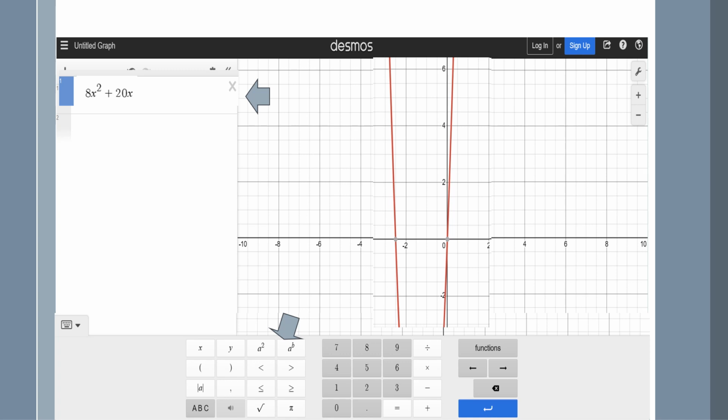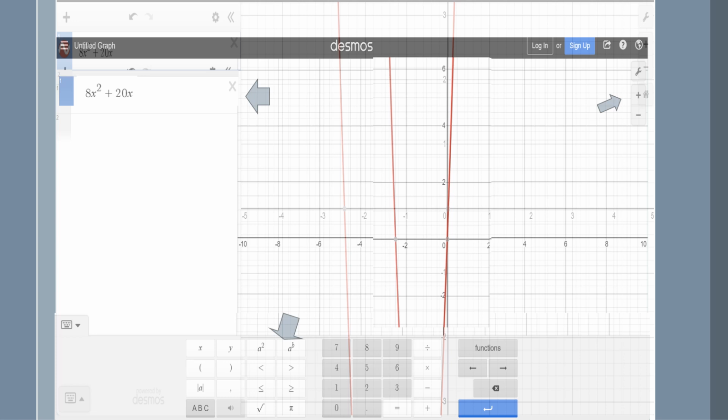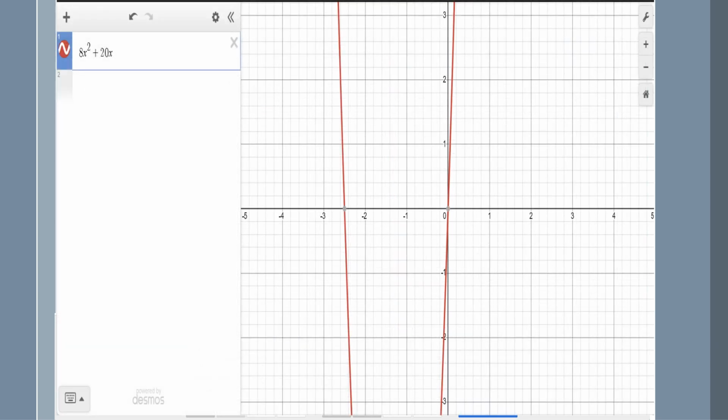Now, you are looking for something in particular to check the work that we did before. So zoom in for me, and you should see the graph better. What I'm looking for is your x-intercept.